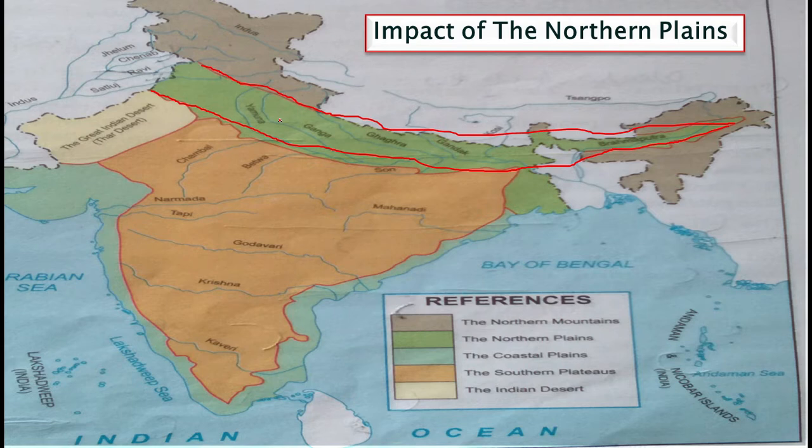They also serve as a means of transport, so means of transport developed in this area. Good agricultural production was also there, due to which the people of this area became prosperous, and attracted by this prosperity, many foreign invaders from the west side of India entered India and started residing in this area permanently.